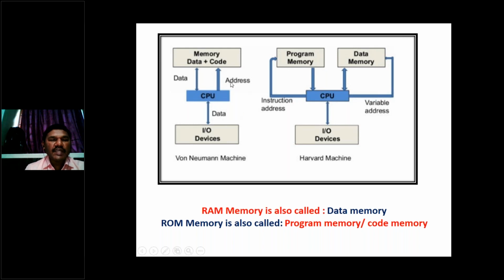So it is time consuming. But in the case of a microcontroller, program memory is separated and data memory is separated. Program memory is called ROM, whereas data memory is called RAM. So this is the architecture-wise difference between microprocessors and microcontrollers.